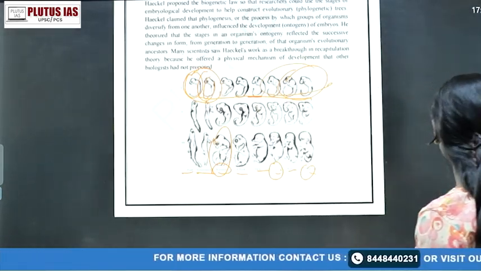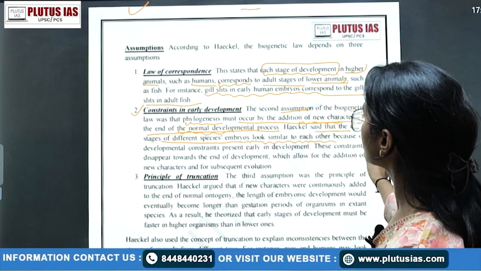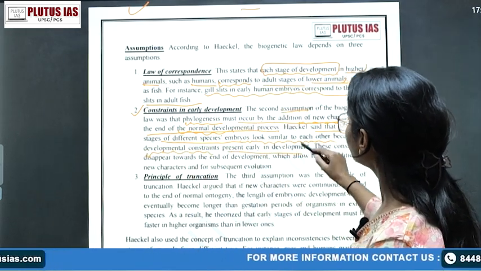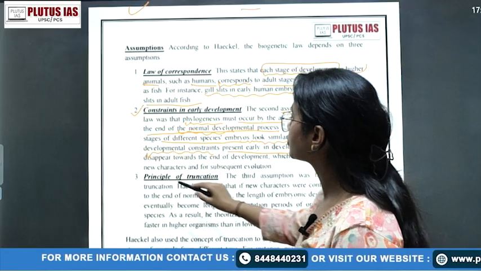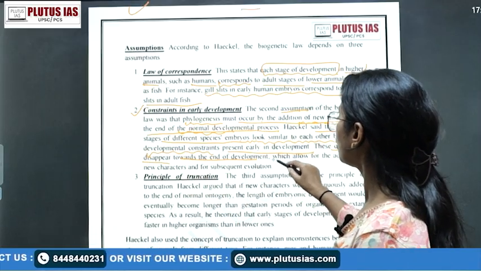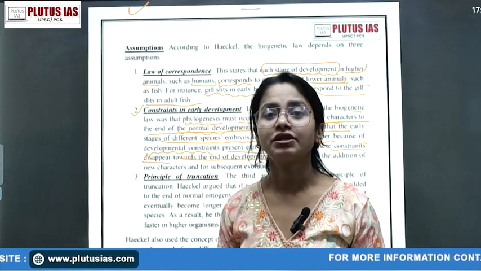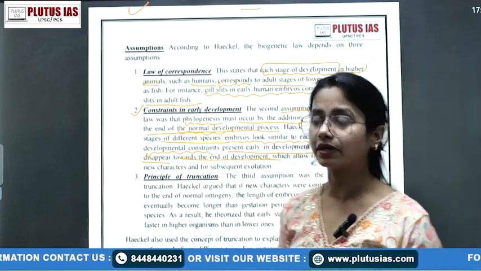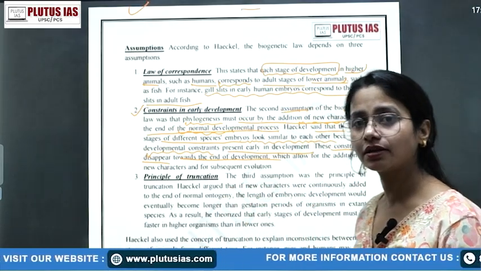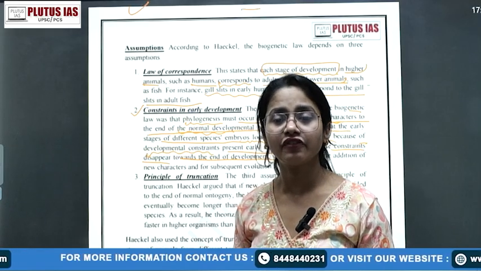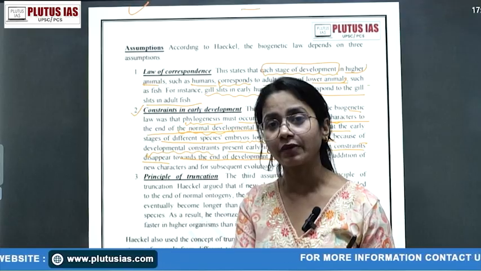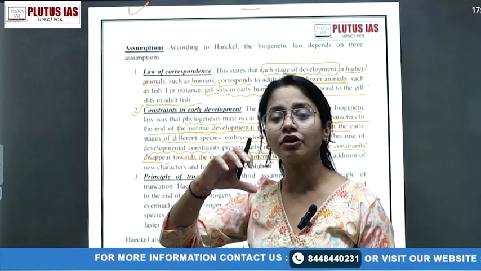They look similar to each other because of the developmental constraints present early in the development, and these constraints disappear towards the end of the development, and that's how the changes occur. Those changes are added in the later stages of the development. That shows that any new development will not be in that early stage of development. That's why the embryos of almost all the animals are similar.